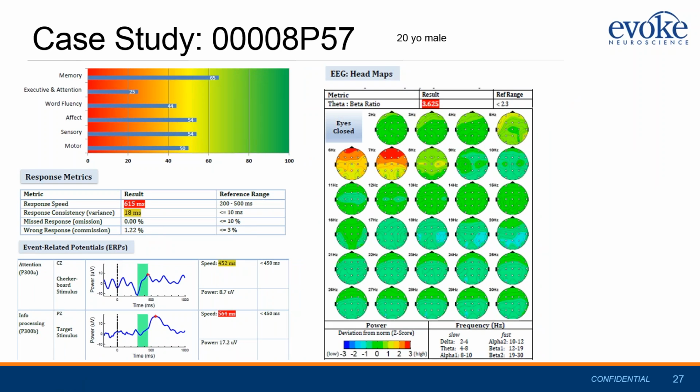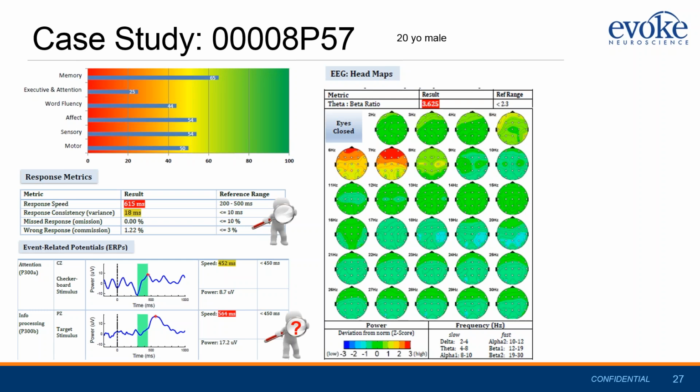Next, we're going to look at a 20-year-old male. Looking at my response metrics, I see that this patient has a high variance. They also have a pretty delayed response speed, something that I am keeping an eye out for because this is a 20-year-old. He should be pretty fast with hitting the button, and he's pretty variant. So he's definitely having some behavioral symptoms that he's worried about.